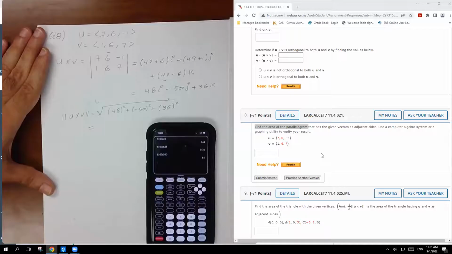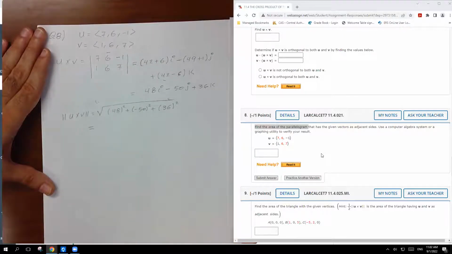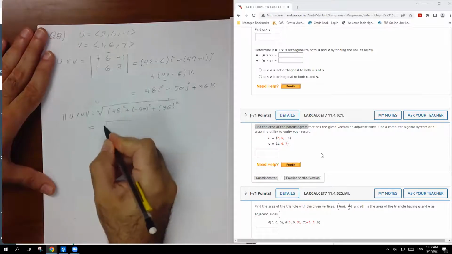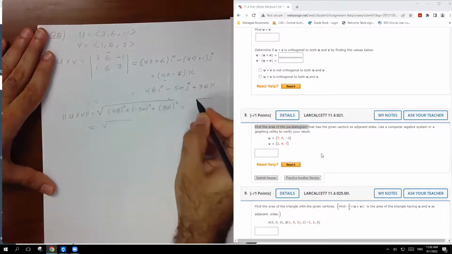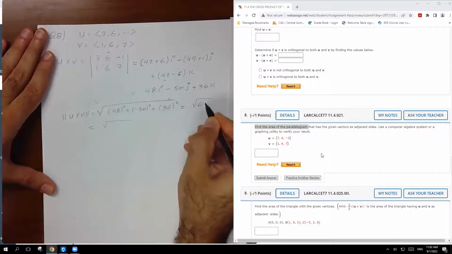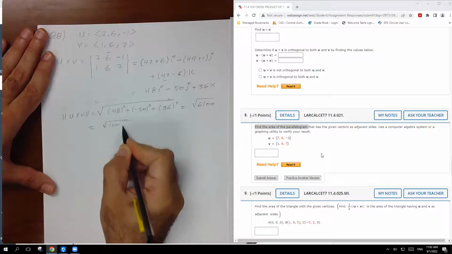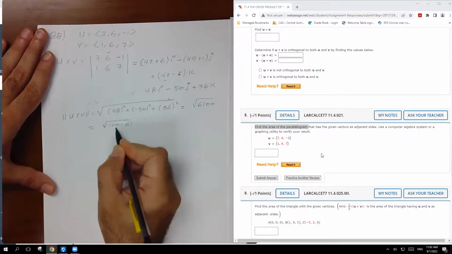So we can find the root by multiplying, because 100 times 61 is going to be 6,100. So the square root of 6,100 is the square root of 100 times 61.